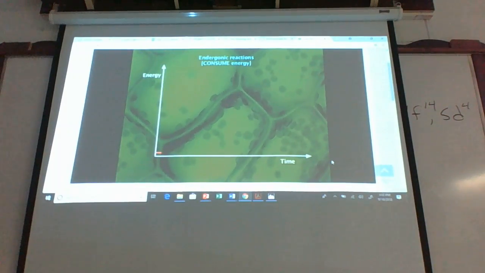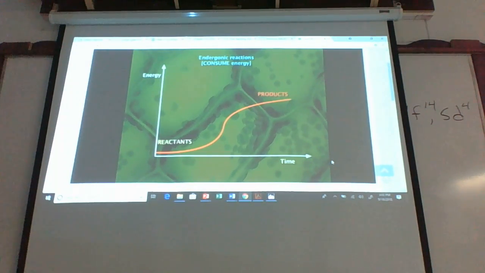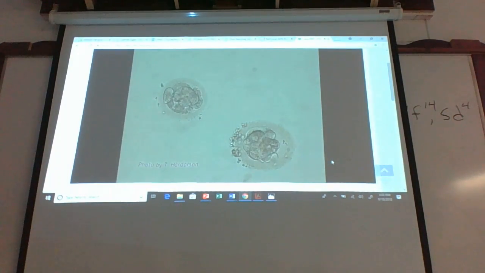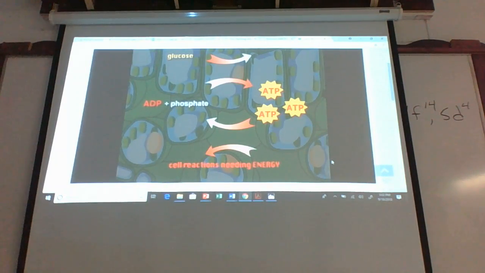In these reactions, there's more chemical energy in the products than the reactants, so energy has to be provided. In a living cell, exergonic reactions typically provide the energy for endergonic reactions. We say the reactions are coupled. For example, glucose can break down to release energy, which is used to build up supplies of ATP.